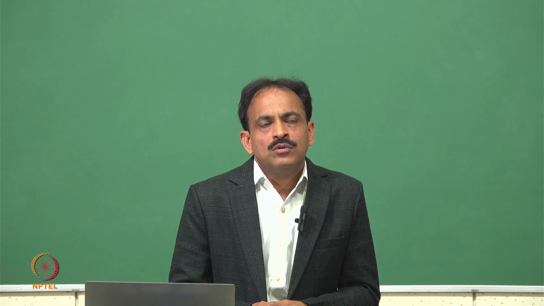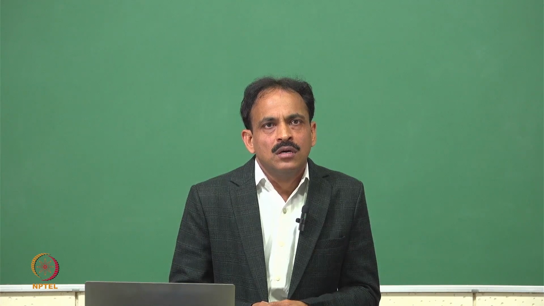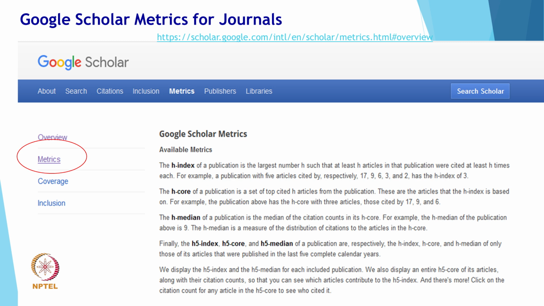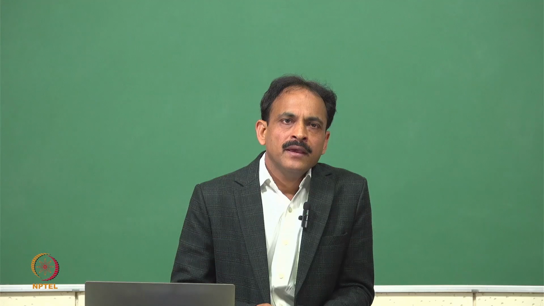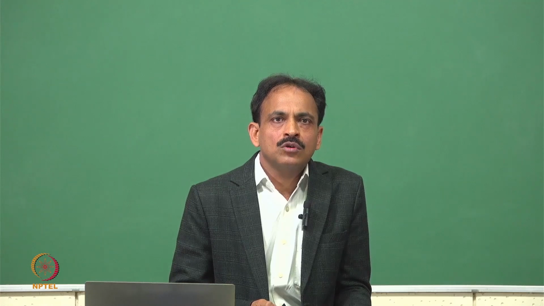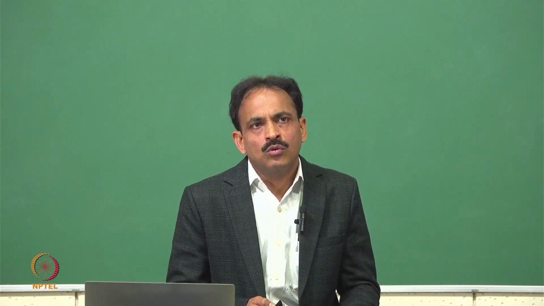Now let's talk about some of the journal metrics from Google Scholar. Google Scholar has adopted the H-index method of impact for publications, and H5 variations for the complete 5 calendar years for journals. You can find out the Google Scholar metrics on the Google Scholar page.